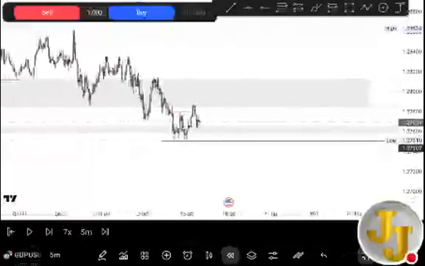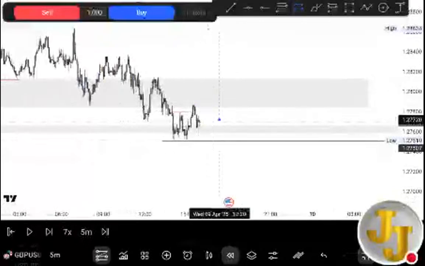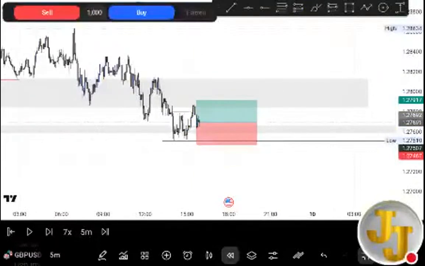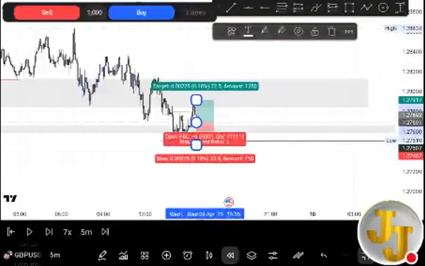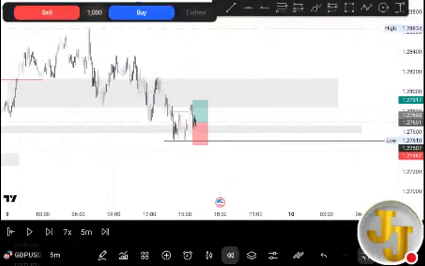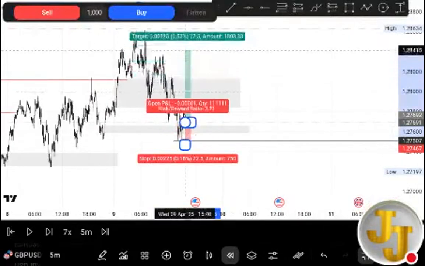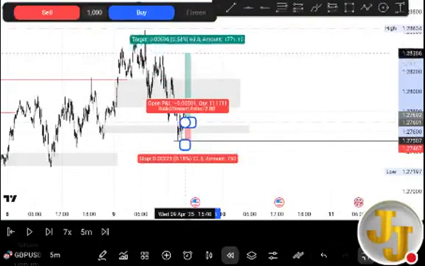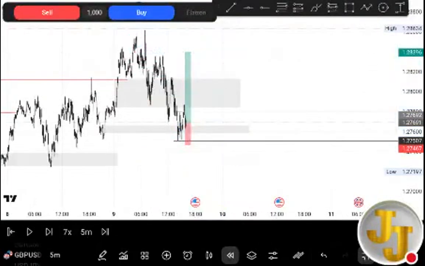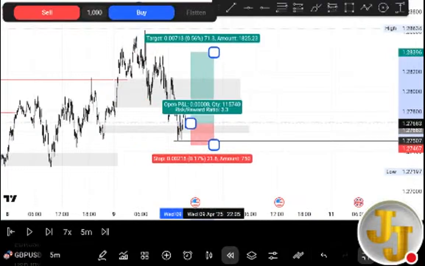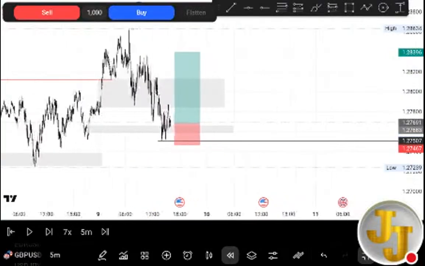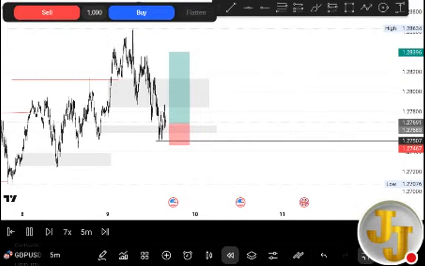You can decide to risk some few pips here. Remember, we are on our entry time frame, our 5-minute time frame, right? Then you target some few pips right there.